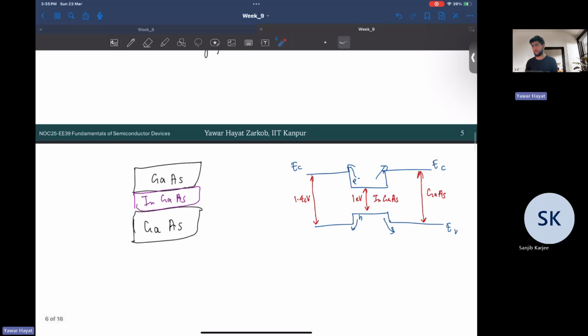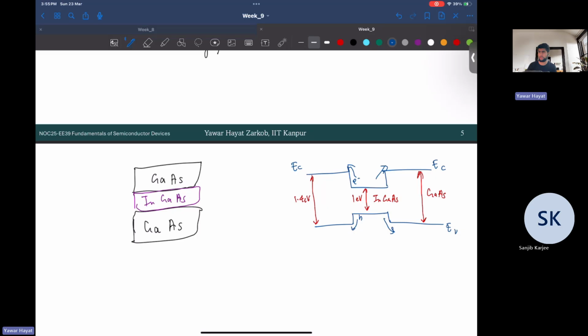Based on the relative band gap values of the two, you'll have type 1, type 2, and type 3 heterojunctions. Type 1 is where you have straddling band alignment. Then you have staggered type, in which the band alignment is staggered. This corresponds to type 2. And then you have broken.